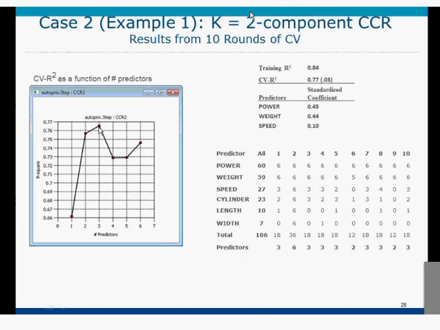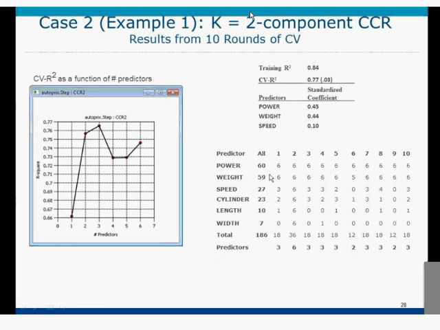We saw that originally we selected two components as the number of components. We may also want to try three components and see if we get a better solution when we use step down. So maybe three predictors with three components does better. I've done that, and it turns out two components is the best. So we want to optimize the number of components, K, and the number of predictors, P.